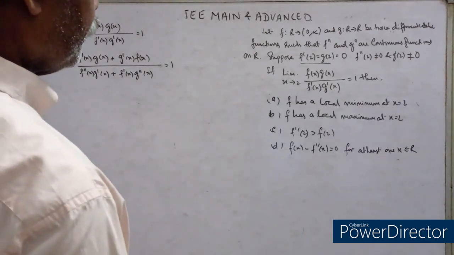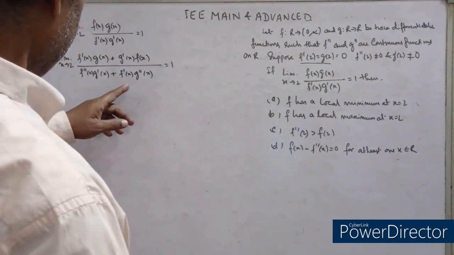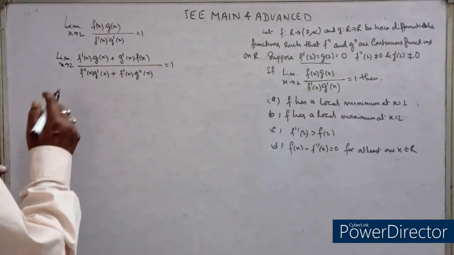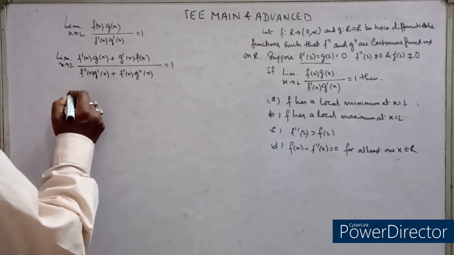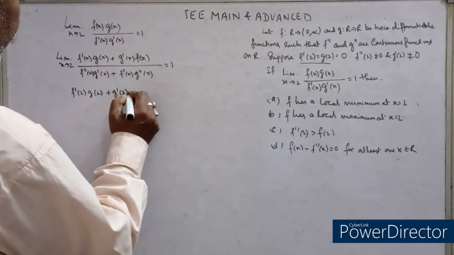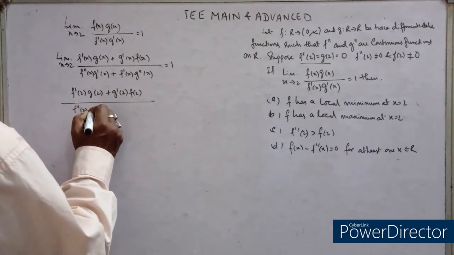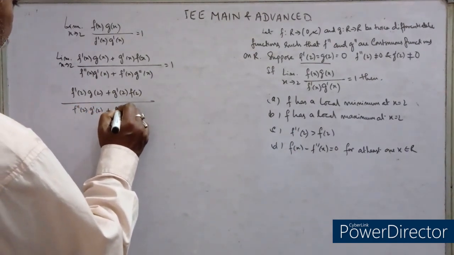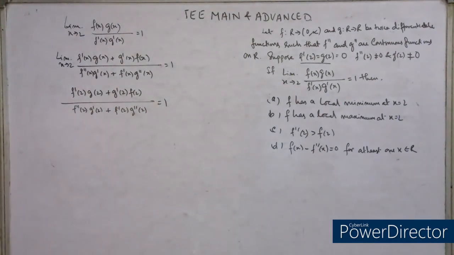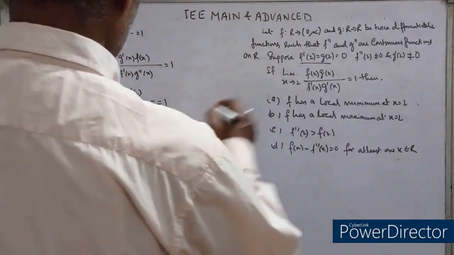So here this is f dash 2 g 2 plus g dash 2 f 2 by f double dash 2 g dash 2 plus f dash 2 g double dash 2 equal to 1. So now here you see that f dash 2 is 0, so this is 0.